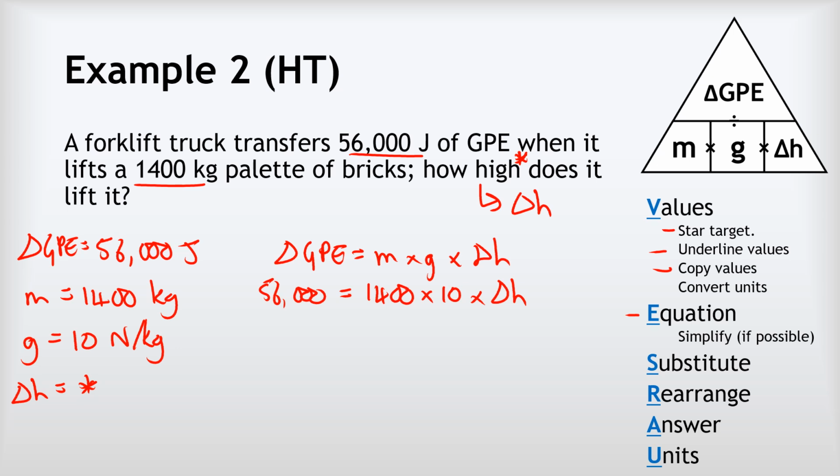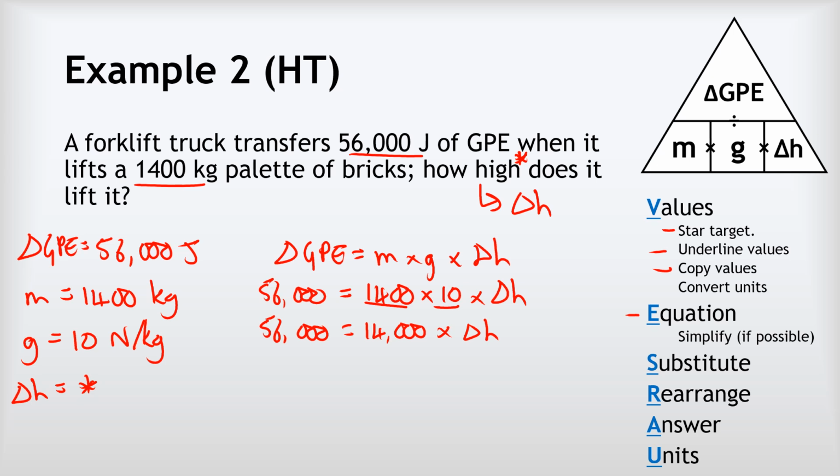So we're going to have to rearrange this to make delta H the subject, but let's simplify what we can first. We've got 1,400 multiplied by 10, so we can make this into 56,000 equals 14,000 multiplied by delta H, because 14,000 is 1,400 times 10.